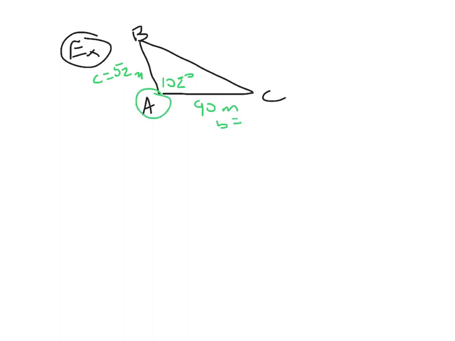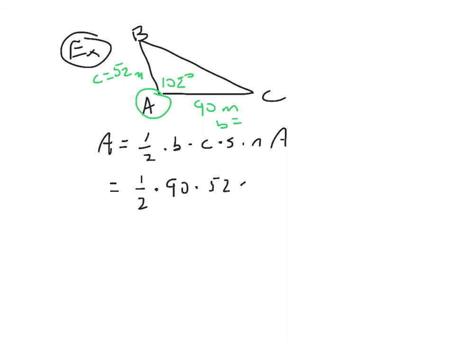Well, this falls into the second set of formulas that I gave you today. So for this one, I can say that the area is going to equal 1/2 times b times c times the sine of angle A, and then I can simply drop in my numbers. So that's 1/2 times b, which is 90, times c, which is 52, times the sine of angle A, which is 102 degrees.